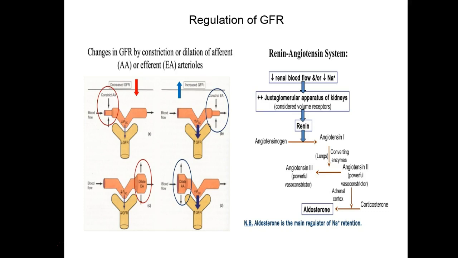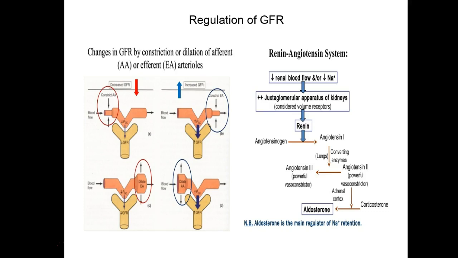If you constrict, you're going to slow the rate with which blood is going into the glomerulus, or if you dilate, you're going to speed up the rate with which blood goes into the glomerulus. There's also hormonal control. So there is autoregulation, that's at the local level. There's hormonal control, and there's also nerve control, autonomic regulation.